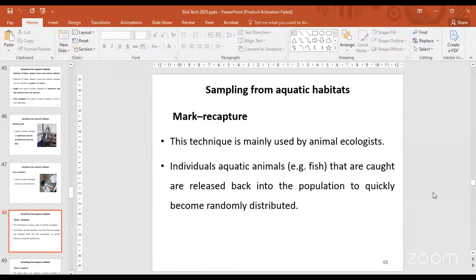We can use this method to sample mobile aquatic organisms or animals rather, like fish, like frog, crab, that's aquatic crab, and so on and so forth. It's so simple. We make a visit to the pond.